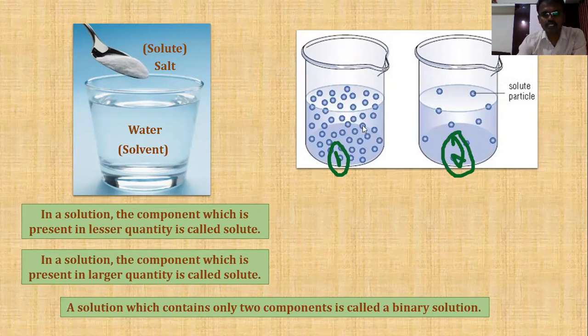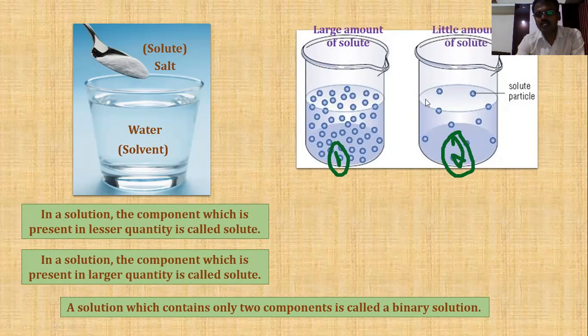Here, the spherical particles are called solute particles, and the other one is solvent. You can see solute and solvent. If you compare these two, this one contains a larger quantity of solute particles, and this one contains a little quantity of solute particles. Solution 1 contains a large amount of solute, whereas solution 2 contains a little amount of solute.